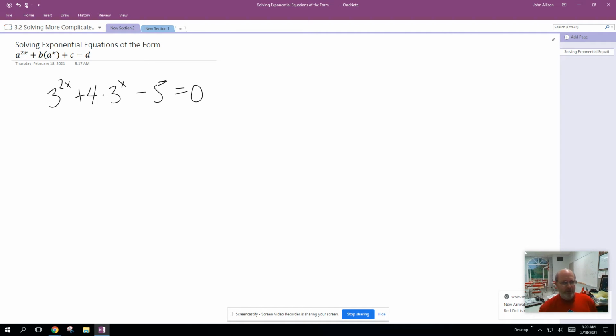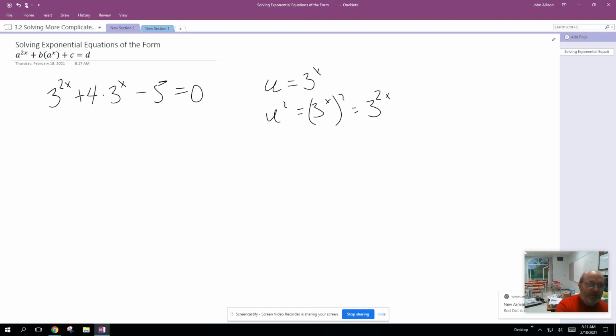This is what we call a quadratic form because we can make a simple substitution like y'all loved so much the other day. If I let u equal 3 to the x, then u squared is equal to 3 to the x squared, which is equal to 3 to the 2x because of properties of exponents.